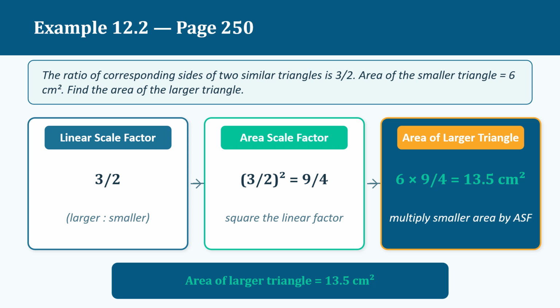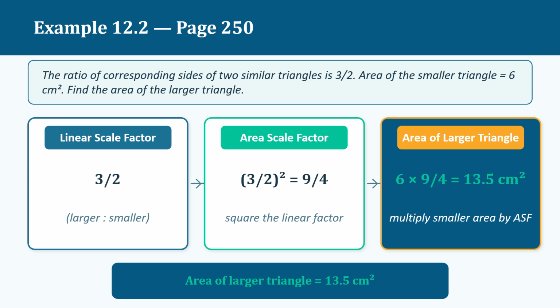If the value is less than 1, it means this is the value to apply to the bigger triangle to get the smaller one. Where is this confusion coming in? It comes in because a linear ratio is basically a ratio. You choose how to divide. You can divide the bigger side by the smaller side, or you can divide the smaller side by the bigger side.